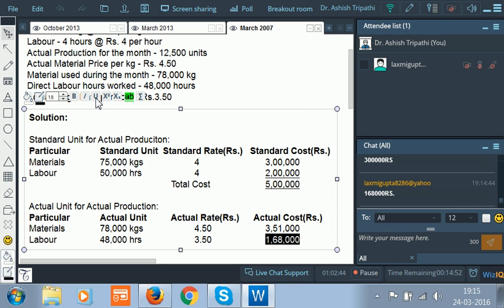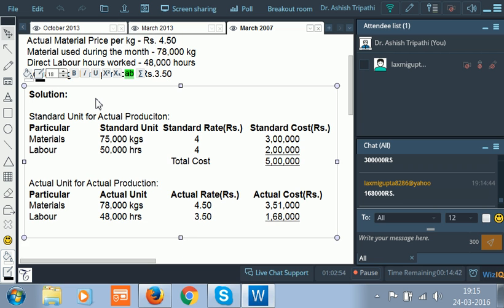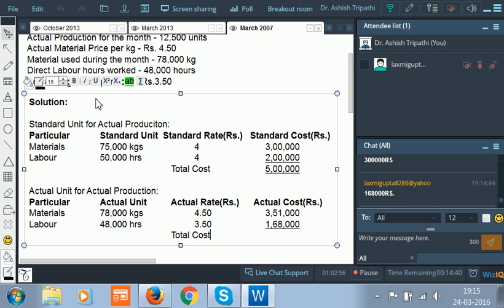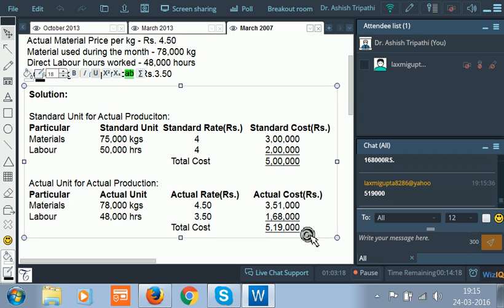You are very much correct. Rupees 1,68,000. So now we will say total cost is 5 lakh, yes, 5,19,000.